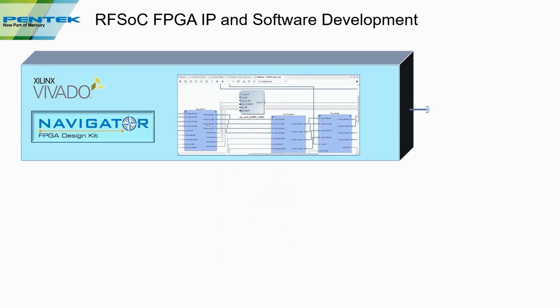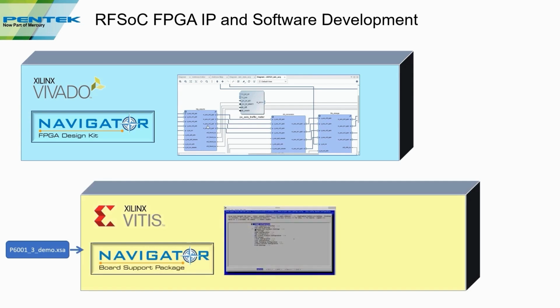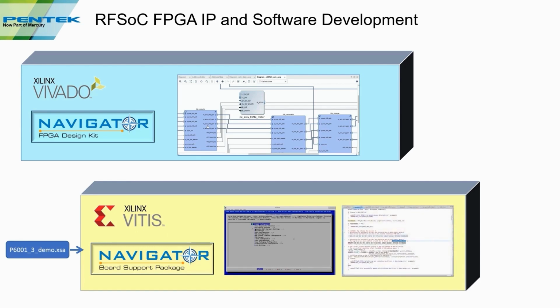We compiled it, created a new output image, brought that image into Xilinx's Vitis tools, and there we used the Navigator board support package to create a new kernel, including now support for the new IP that we installed. We modified the software, and ultimately created and ran our application with the modifications.